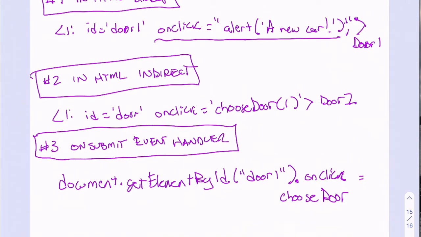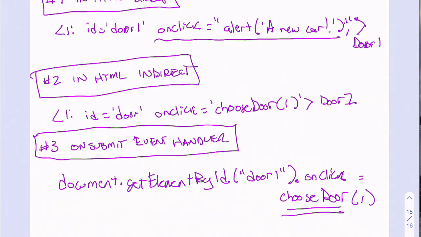Now, the problem with this is that you have to pass in the name of the JavaScript event handler that you want to use, but you can't pass in any arguments to the name. So I can't do choose door 1.